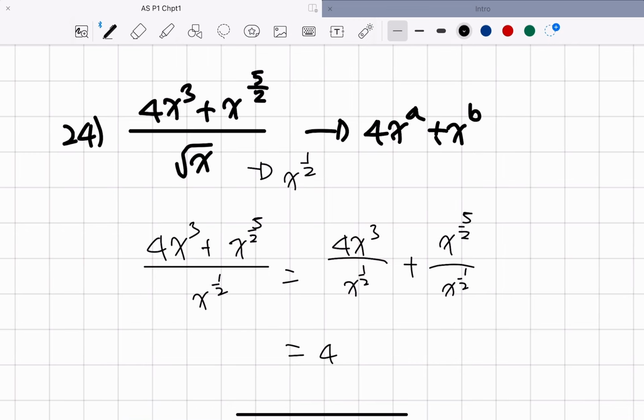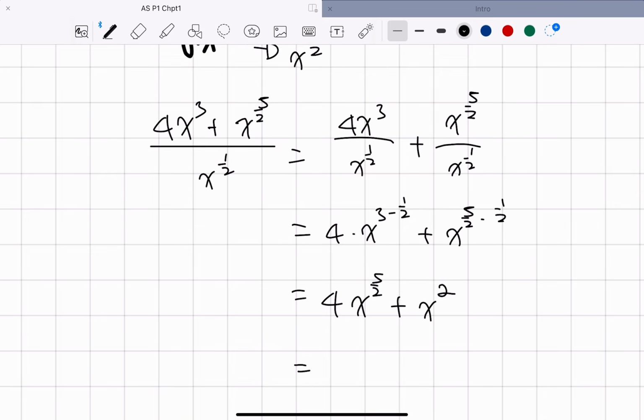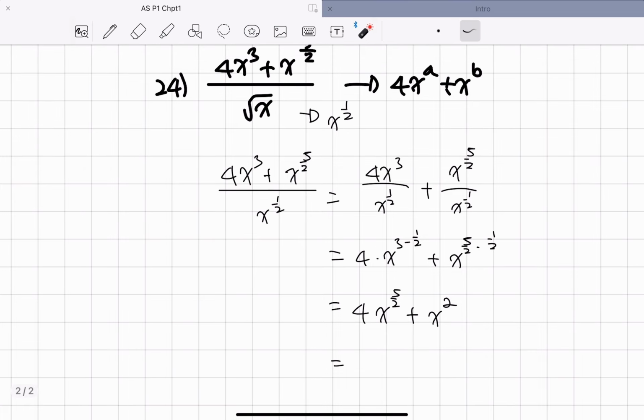So you can say it's 4 times x to the power 3 minus 1 over 2 plus x to the power 5 over 2 minus 1 over 2, and then you can simplify to 4x to the power 5 over 2 plus x squared, right? This must be the answer. So a equals 4 and the power is 5 over 2, and b equals 2.